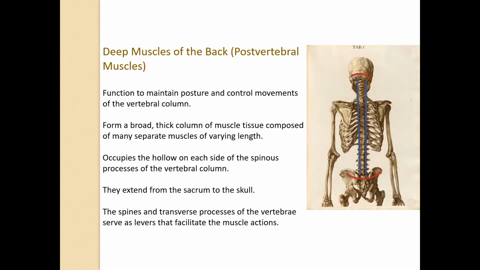Therefore, the origins and insertions of the different groups of muscles overlap. This causes entire regions of the vertebral column to move smoothly. That is why when we flex or extend our vertebral column, our vertebrae don't act separately. They act as one single, smooth unit to facilitate the movements of our body.